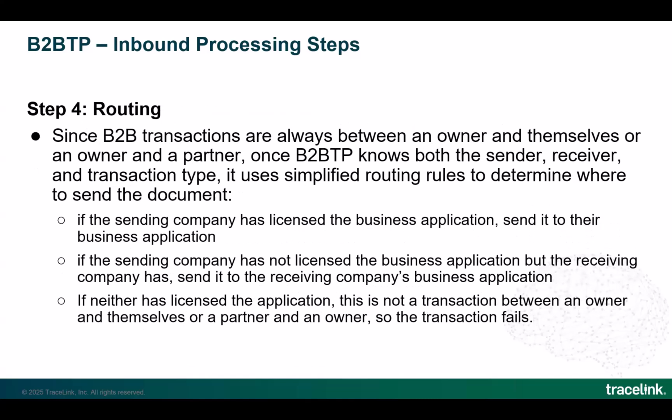Then the next step was routing, when B2B tries to route the transaction based on the sender, the receiver, and the Mint owner, right? Those are the processing steps that would be followed.